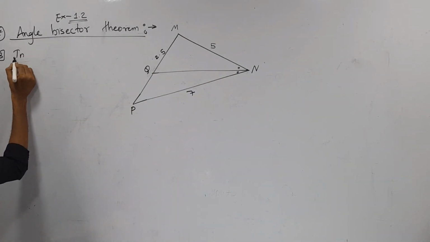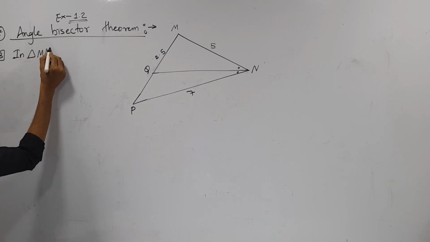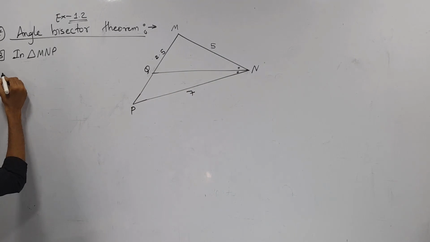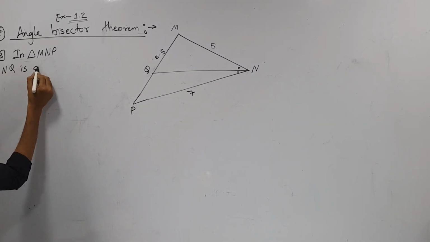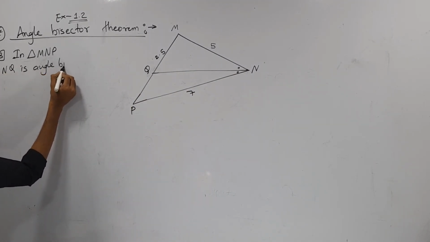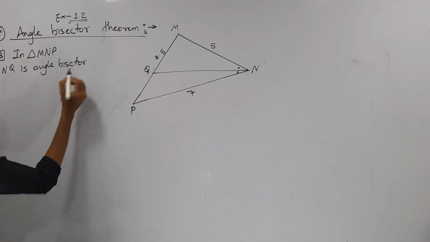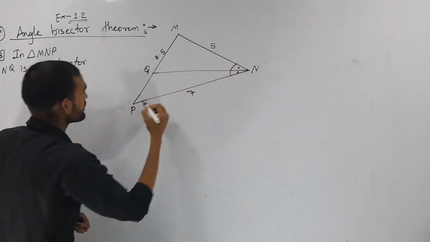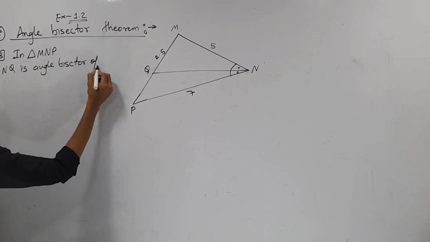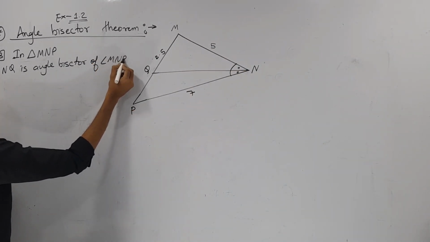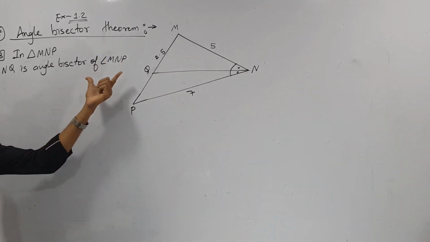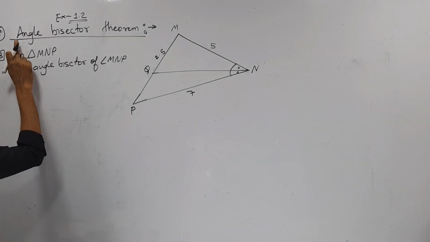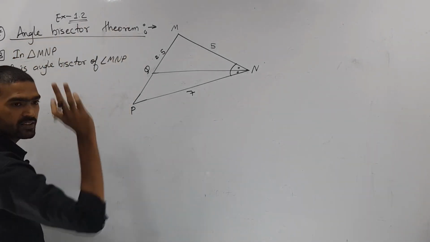So we'll write here, in triangle MNP, NQ is the angle bisector of angle MNP. Since it is a bisector, which theorem will we apply? We will apply the angle bisector theorem.